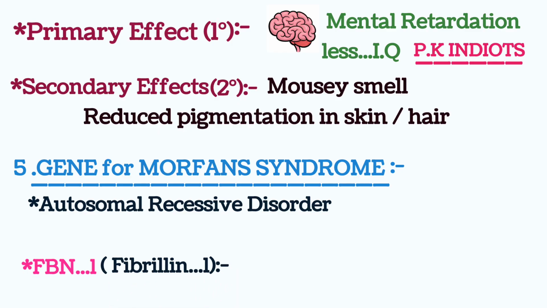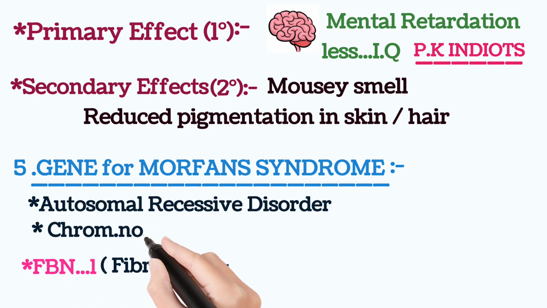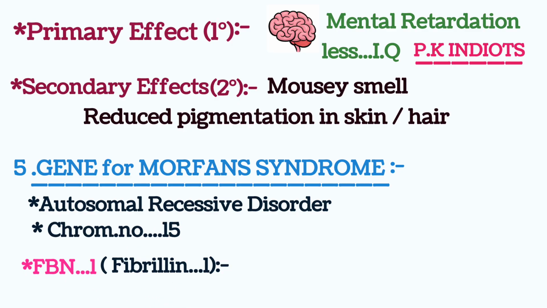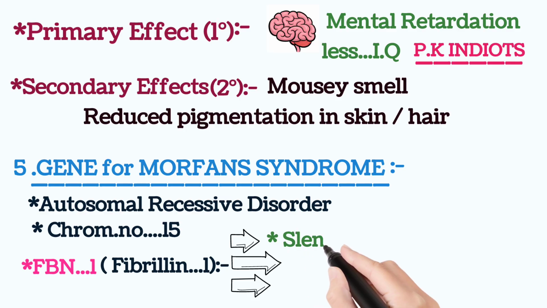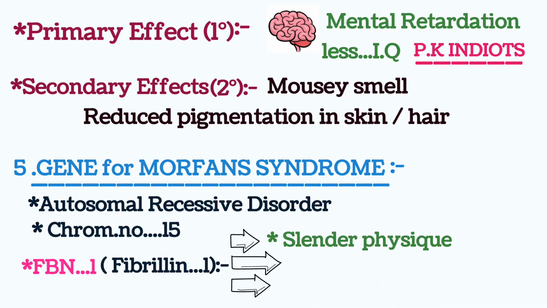The gene is present on autosome chromosome number 15 in our body. This FBN1 gene controls some important characters. For example, number one character is it develops a cylinder physique. We can call it cylinder physique as it has a delicate and very weak body with long limbs.